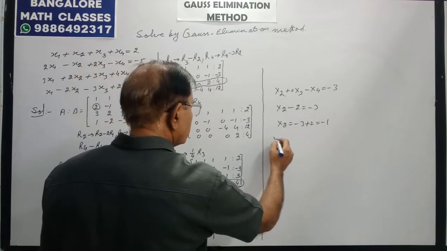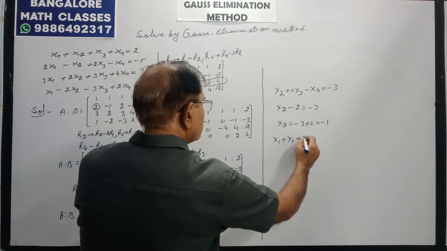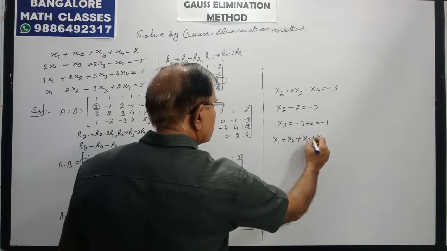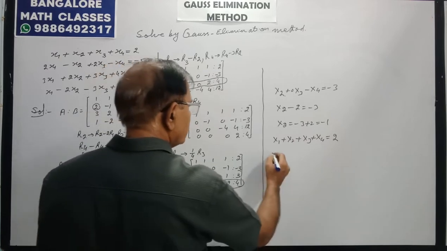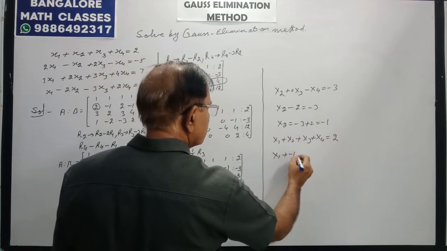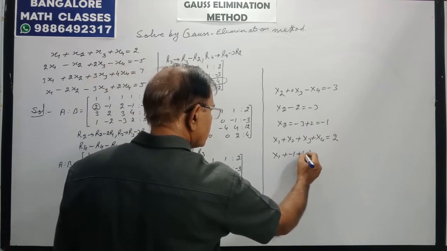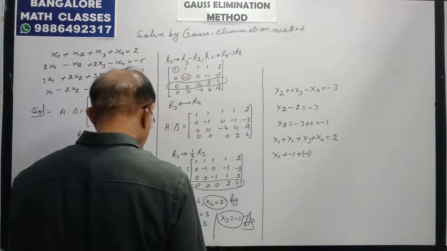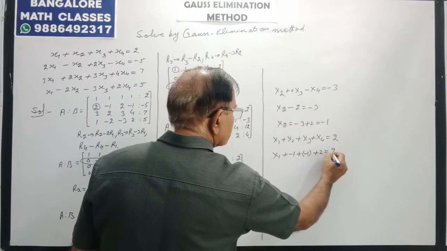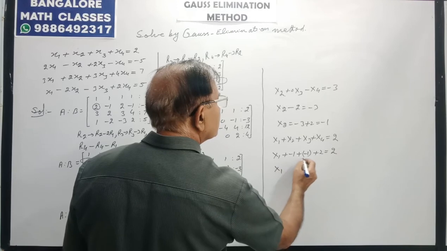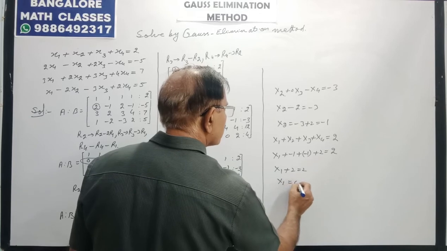Then x1 plus 1x2, coefficient is 1 only, x3, x4 equals 2. x1 we want to find: x2 is minus 1, x3 is minus 1, x4 is 2, equals 2. x1 plus 2 equals 2, so x1 equals 0.